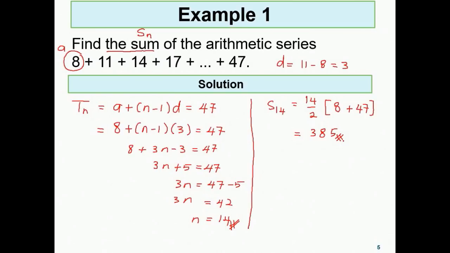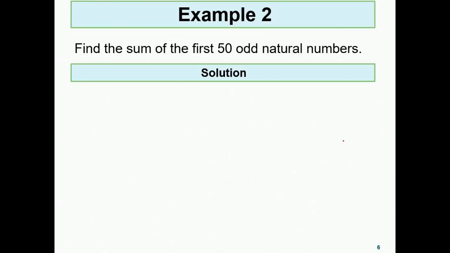Now proceed to example 2. Find the sum of the first 50 odd natural numbers. List down the odd numbers: 1, 3, 5, 7, and so on.